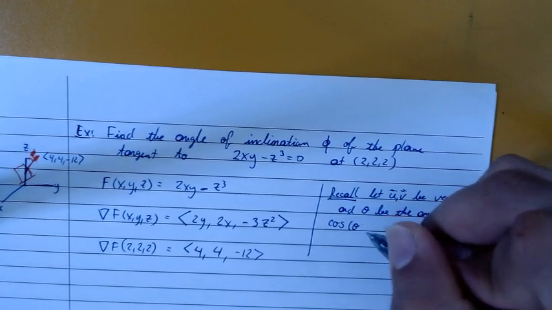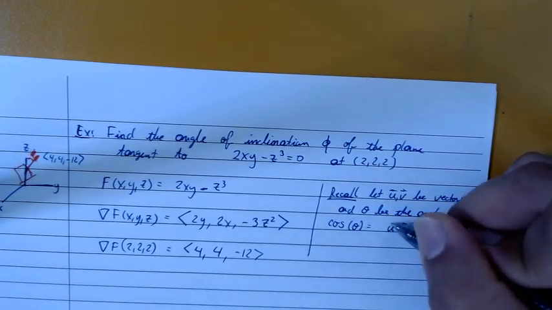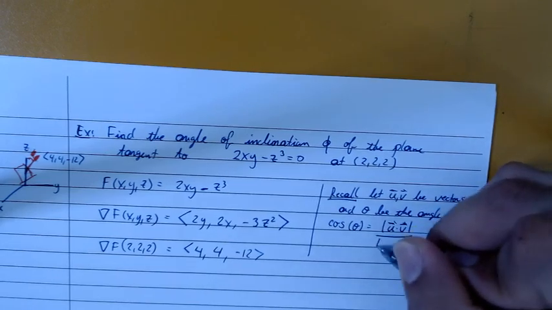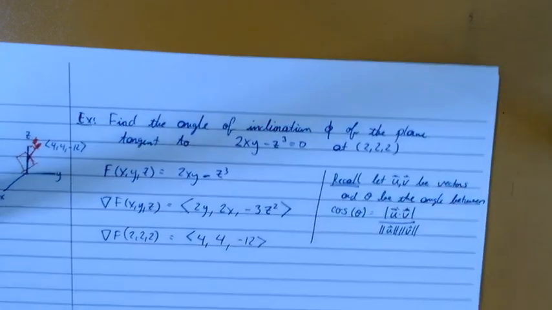Then the cosine of the angle theta is equal to the dot product of u and v, we take the absolute values there, divided by the magnitude of each of those multiplied together.